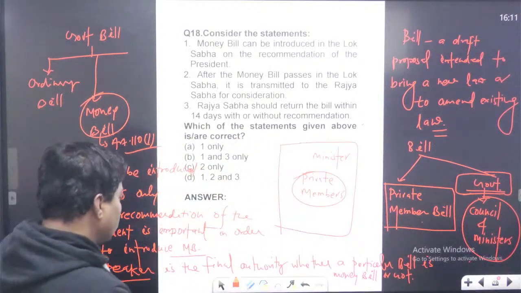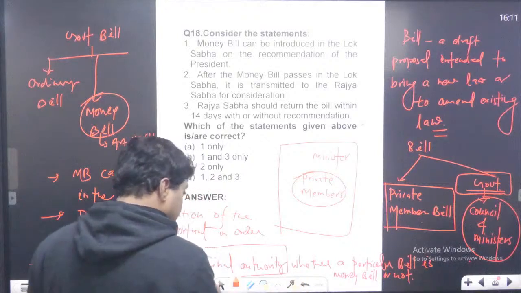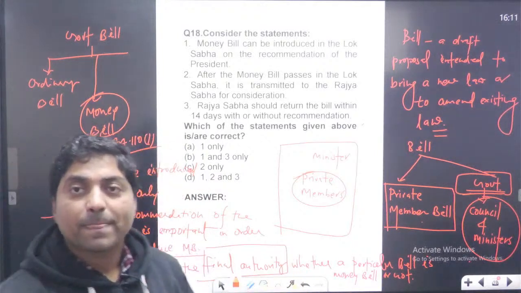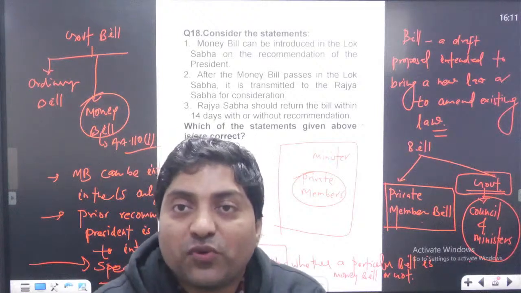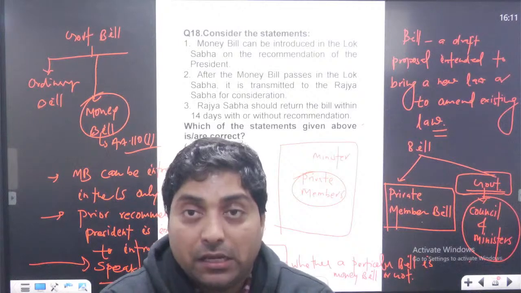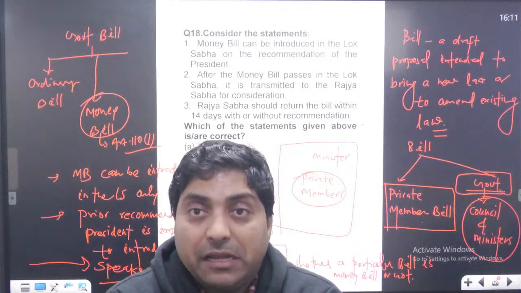It is written in Article 109. Speaker of the Lok Sabha is the final authority to decide whether any bill is a money bill or not.